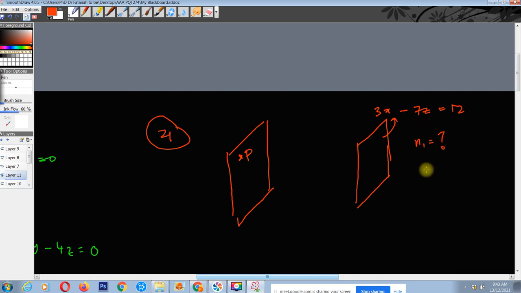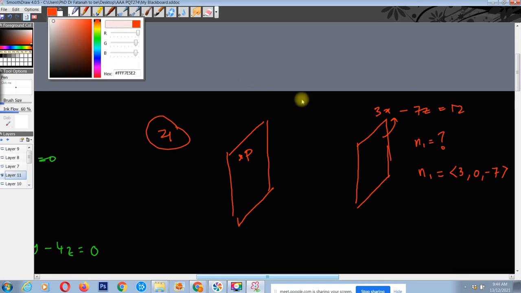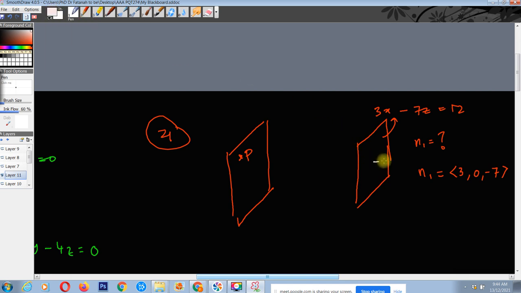For this plane, we have n1 equals 3, 0, negative 7. So we have a normal which is perpendicular to all the planes here.